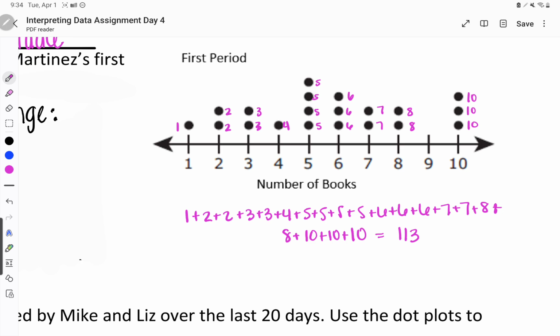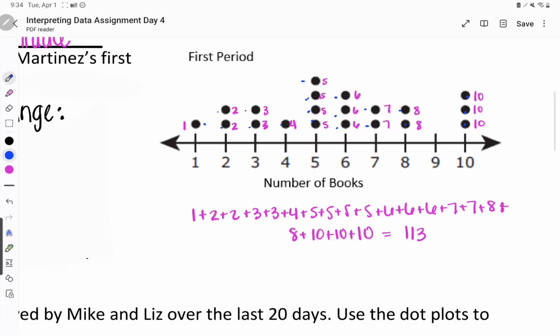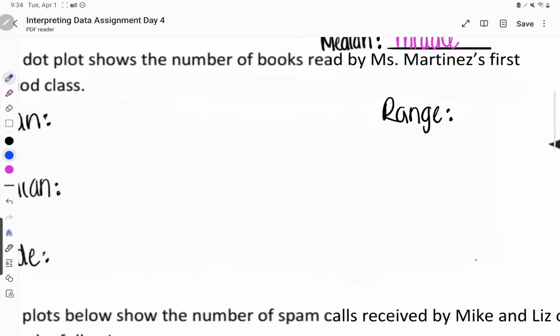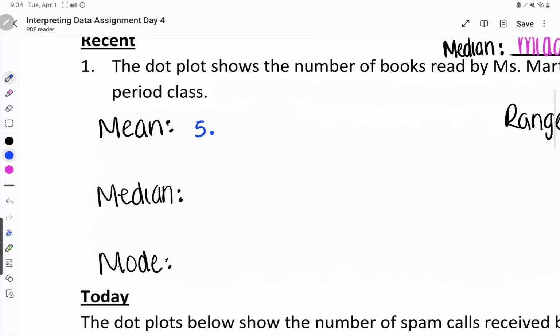Well, to continue finding the mean, you're supposed to divide by the total number of dots that we have. So how many total dots do we have? We have a total of 20 dots. So I will divide 113 by 20. And what does that give you? You should have found that it gives you 5.65. So our mean is 5.65.